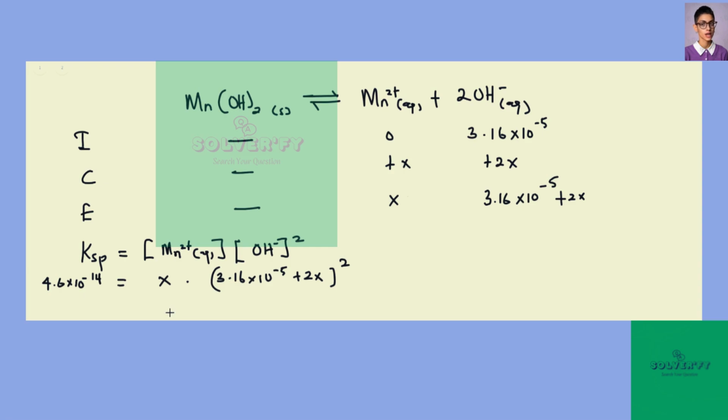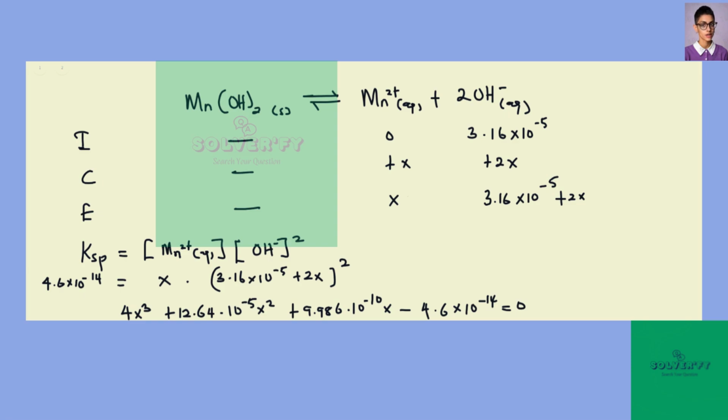So this will be equals to 4x cubed plus 12.64 multiplied by 10 raised to the power minus 5 x squared plus 9.986 multiplied by 10 raised to the power minus 10 x minus 4.6 times 10 raised to the power minus 14 is equals to 0.